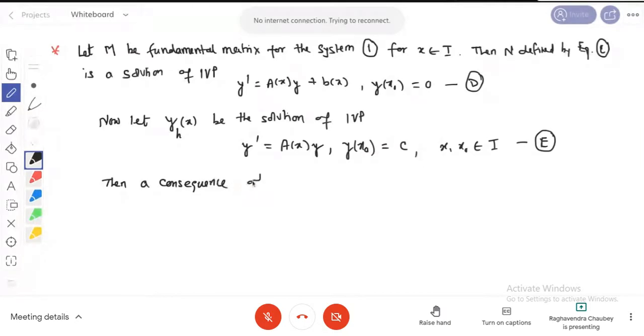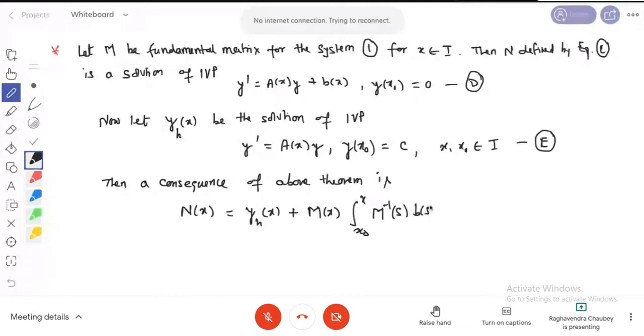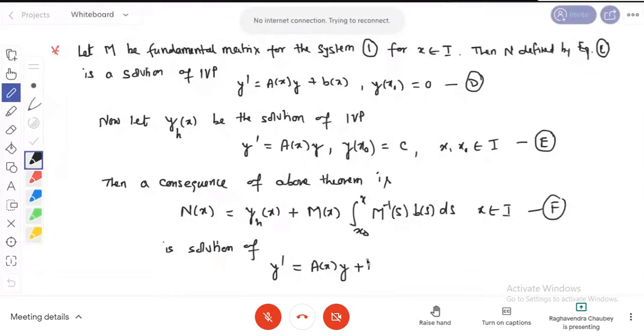The theorem is basically what is N(x). So N(x) is this yh, the solution for the homogeneous one, plus the integral from x naught to x of M(x) times the inverse of M(s) b(s) ds, where x belongs to I. This is equation number F. This is the solution of y prime equals A(x)y plus b(x), where the initial condition is some constant c.